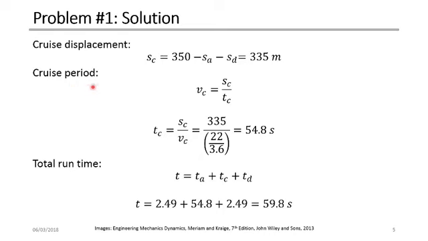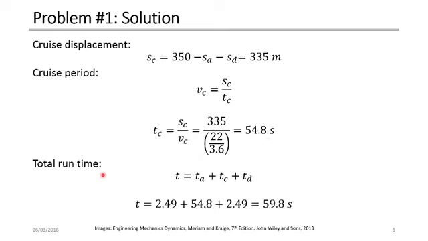We can find the cruise period using the standard velocity equation: velocity is equal to displacement divided by time. So t sub c is equal to the cruise displacement, 335, divided by the cruise velocity, which is 22 divided by 3.6 in meter per second. So the period for the cruise is 54.8 seconds.